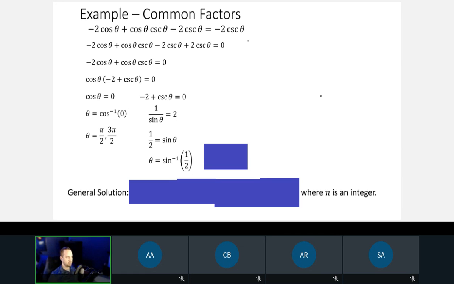So we got pi over 6, 5 pi over 6. Yeah. So everyone can see on your unit circle, the angle when y is 1/2 is those two angles listed.